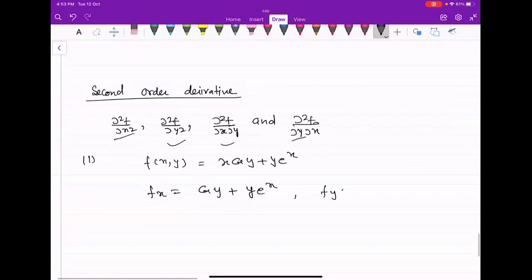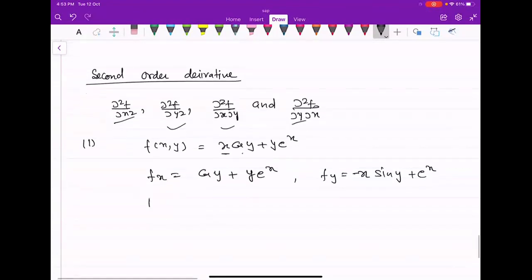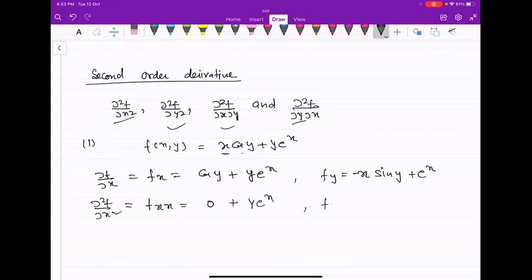Now compute fy, that is x times the derivative of cos y, which is minus sin y, plus e raised to power x. Now we are computing fxx, the second derivative, that is del 2f over del x square. That's important to understand. So fxx is, differentiating with respect to x, 0 plus y e raised to power x. And fyy, that means minus x is a constant, and the derivative of sin y is cos y.